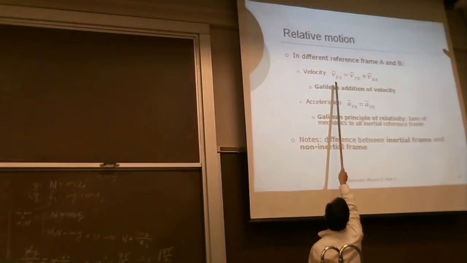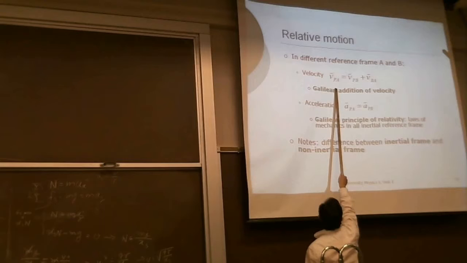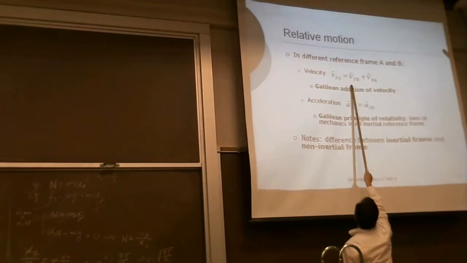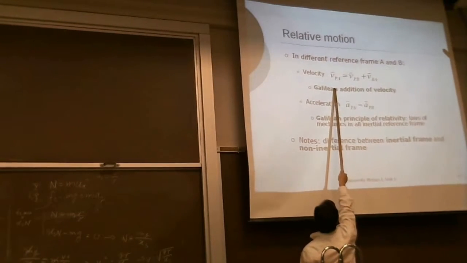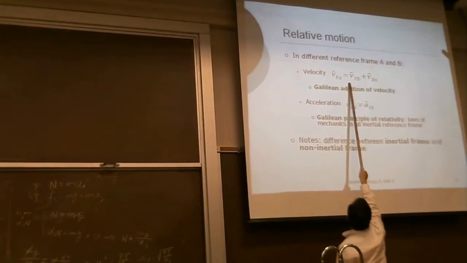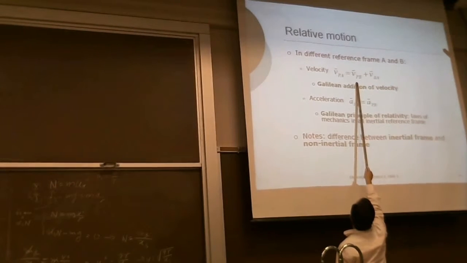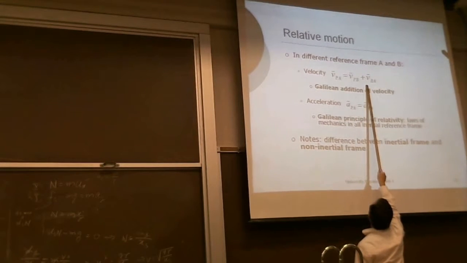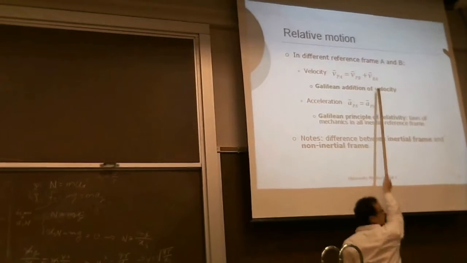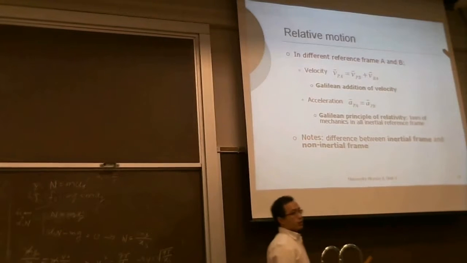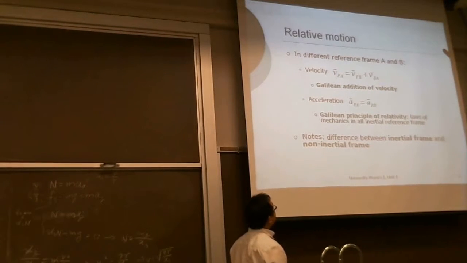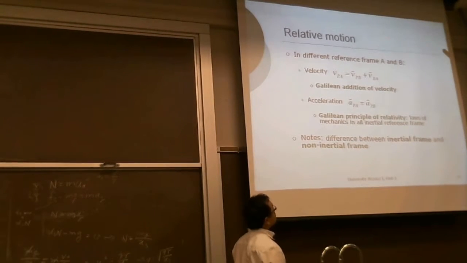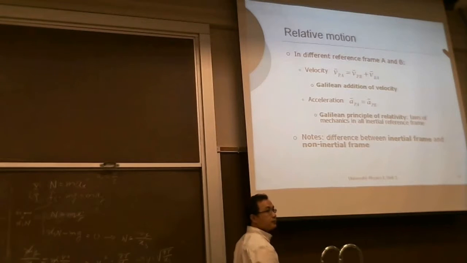The velocity of the boat relative to the ground equals the velocity of the boat relative to the water plus the velocity of the water relative to the ground. So VPA equals VPB plus VBA.